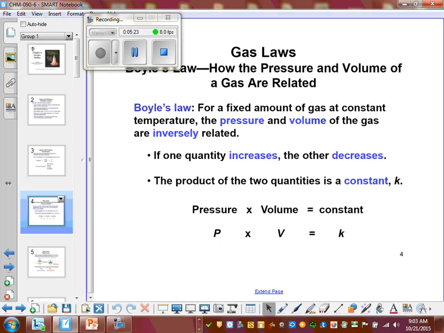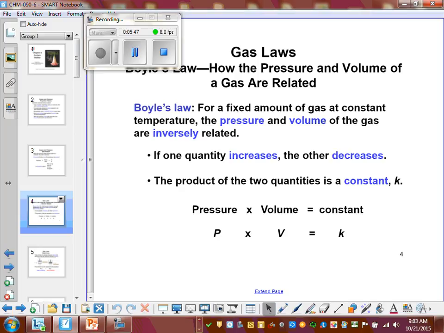If I increase the pressure on the piston, what am I going to do? I'm going to push the piston down. Decreases the volume. So as one goes up, the other one goes down. That's what inversely related means.